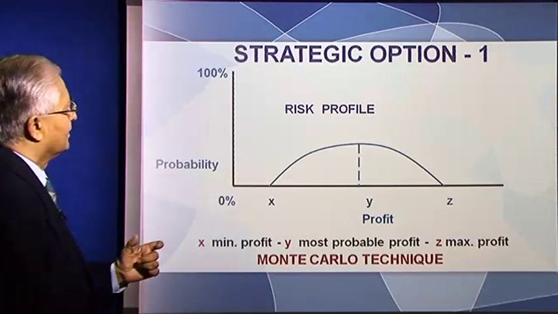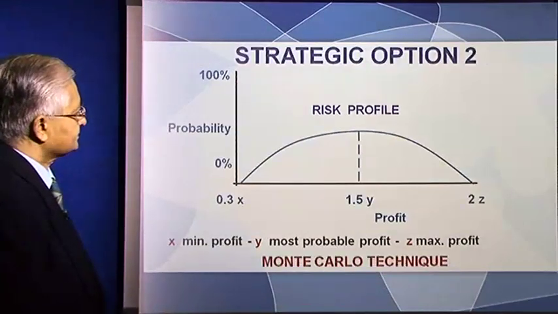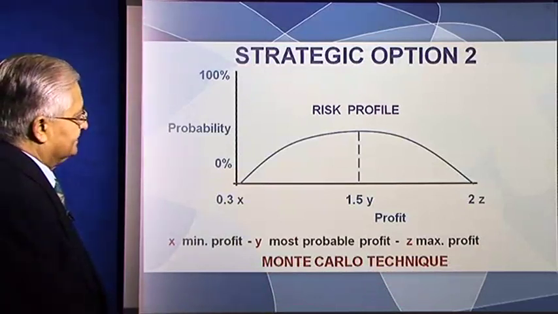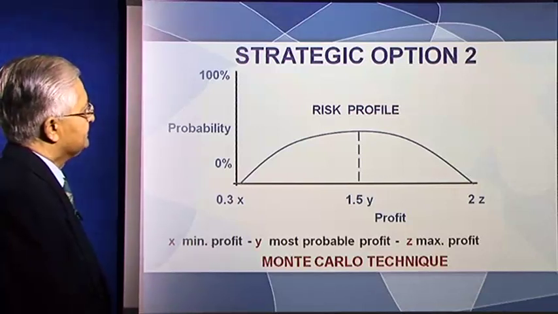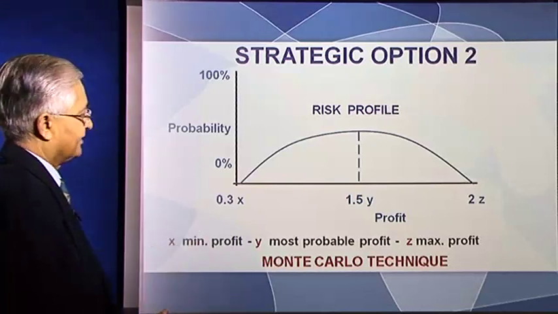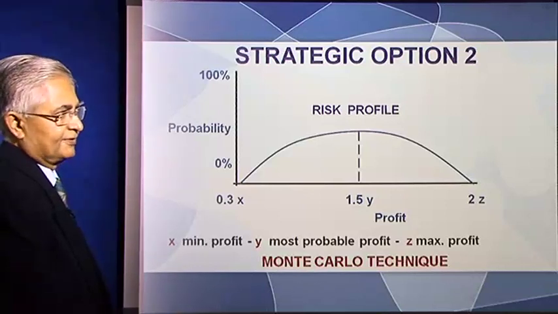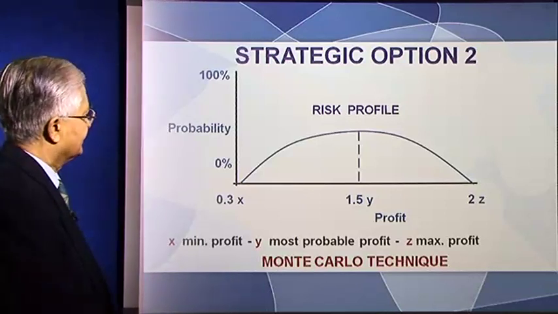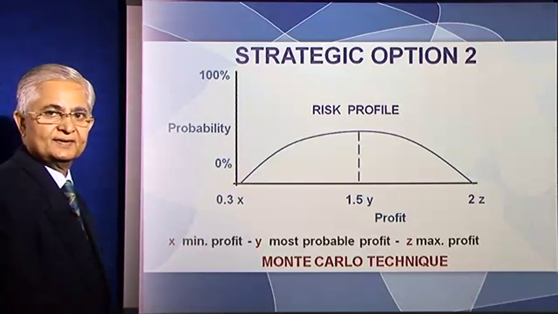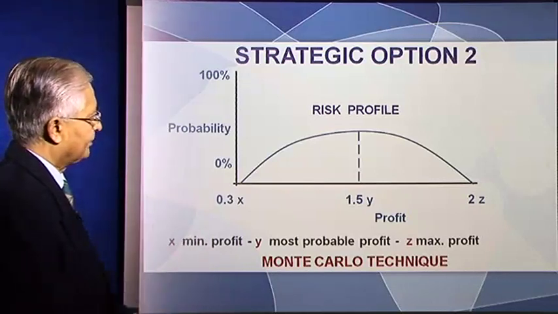Right. Now let's look at the second strategic option. Now, in the case of the second strategic option, the minimum possible profit is 0.3x. Okay. The profit will not be below 0.3x.